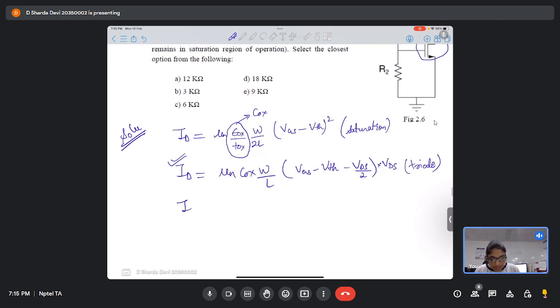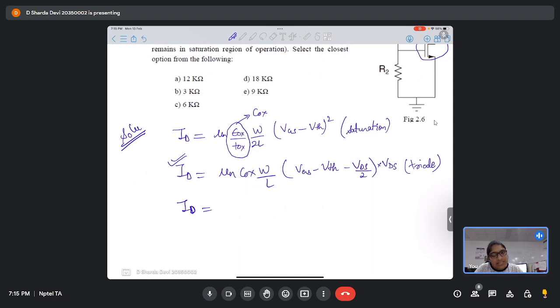And talking about linear, what changes in linear? What is different when we say it is in linear, saturation or triode? What is basically changing? When we talk about a MOSFET, we say it is in the saturation region, triode region, linear region, right?